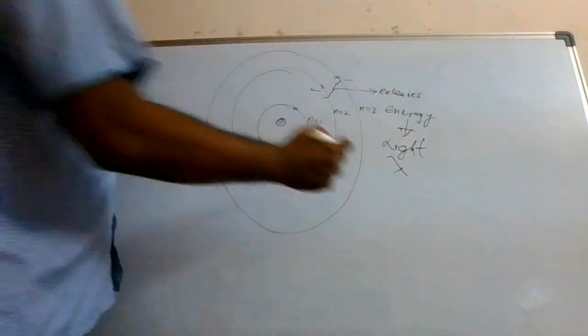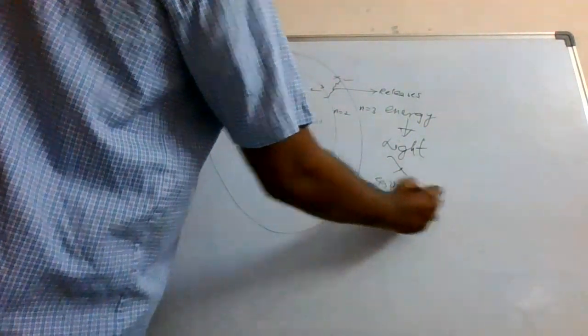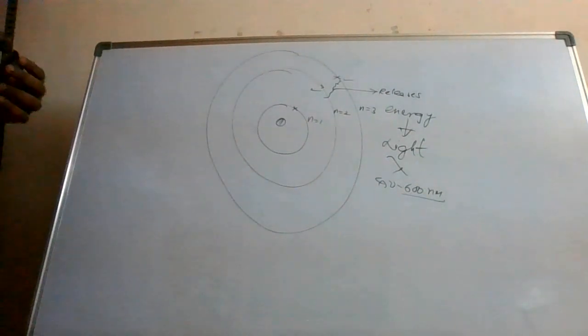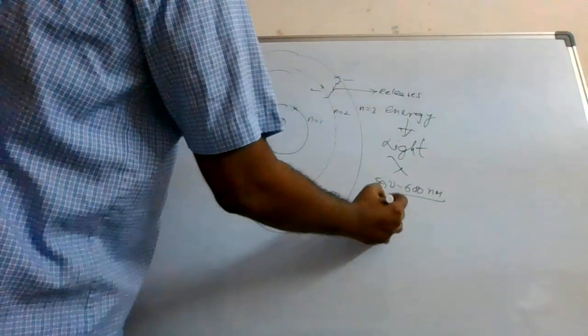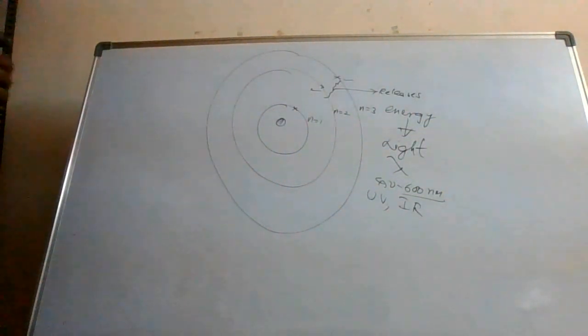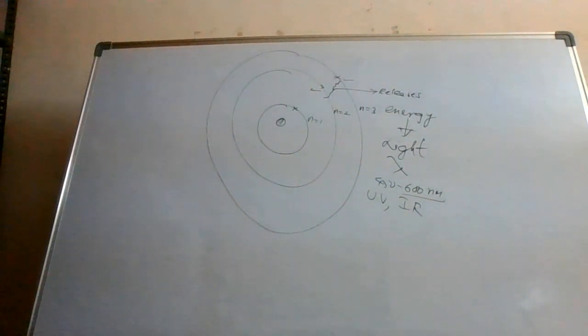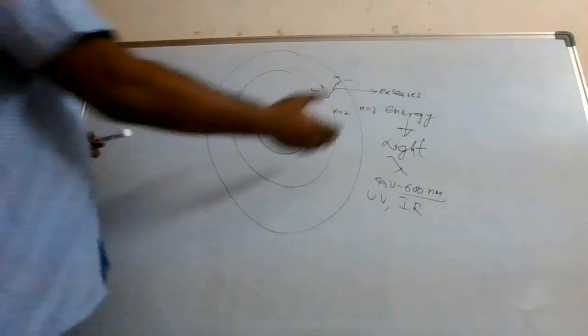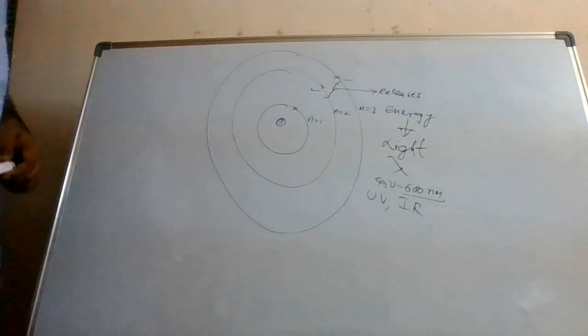If you recollect our discussion, 450 to 600 nanometers is the visible range. You also have the ultraviolet and infrared ranges. So this energy is released in this process, and this emission of light we call spectra.